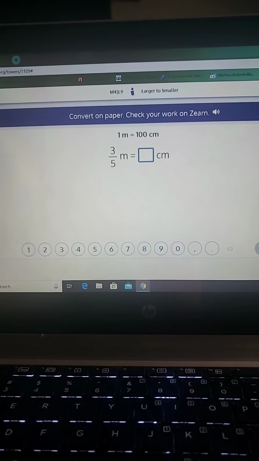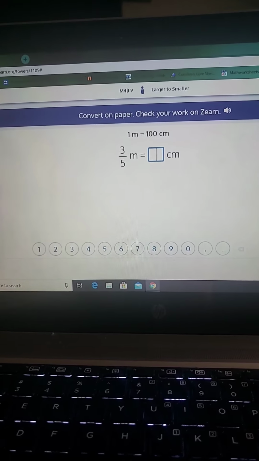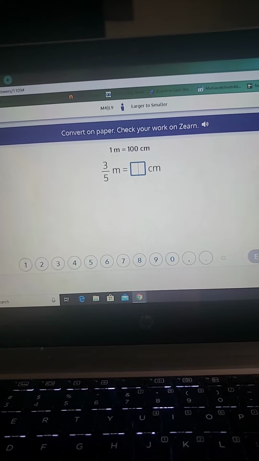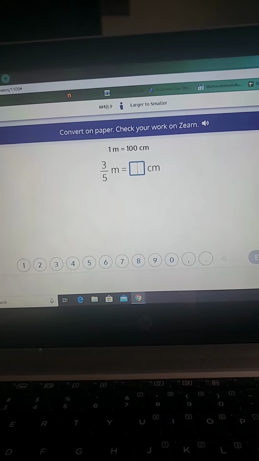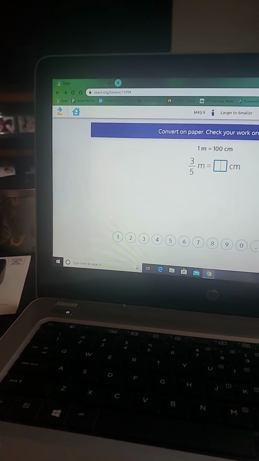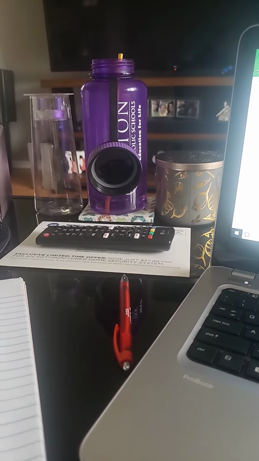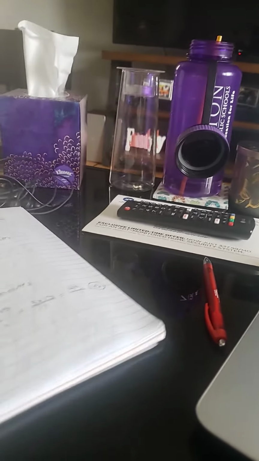Okay, so we want to find out what 3/5 of a meter is in centimeters. So what you can do is, let me see if I put room on my paper to do this for you guys. We'll make room. Okay.